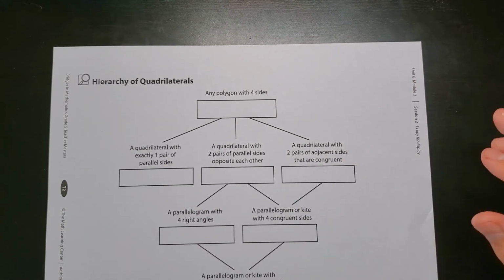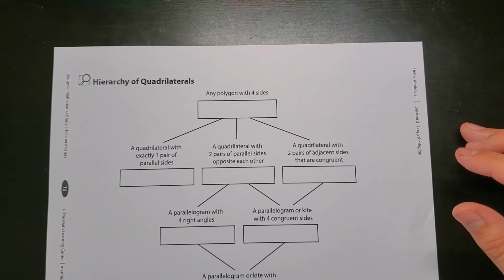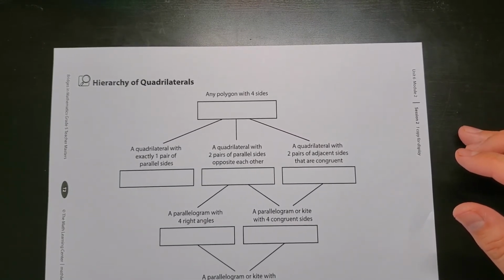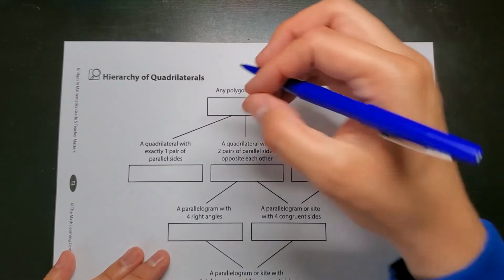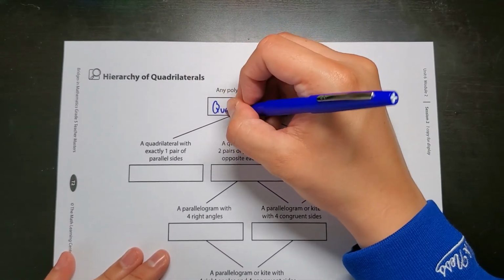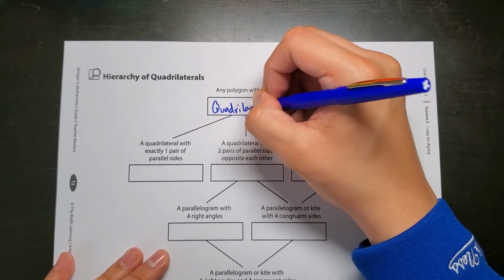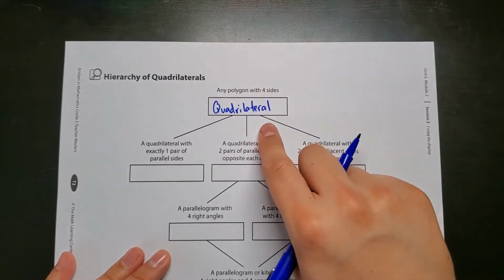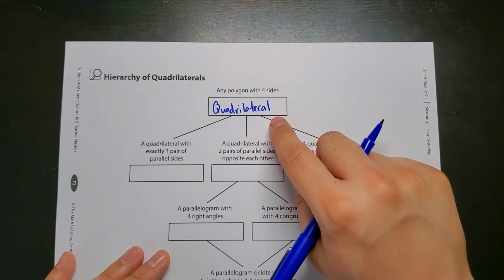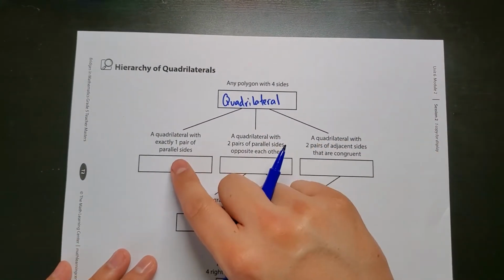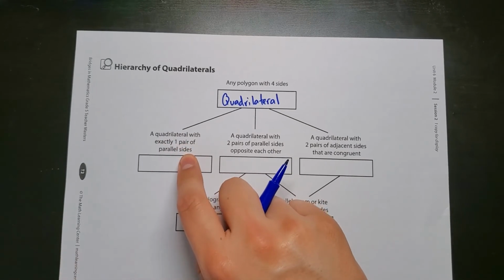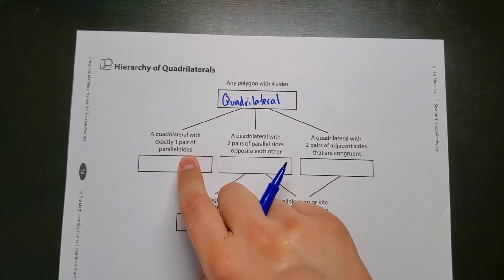And here we have our quadrilateral hierarchy. Any polygon with 4 sides is called a quadrilateral. So here is the hierarchy of quadrilaterals, right? Now, for this one, it says a quadrilateral with exactly 1 pair of parallel sides.